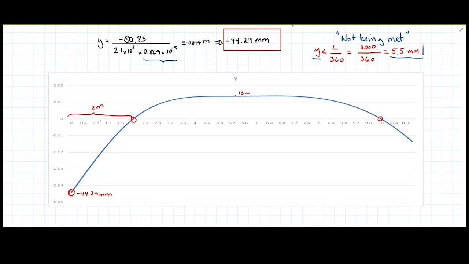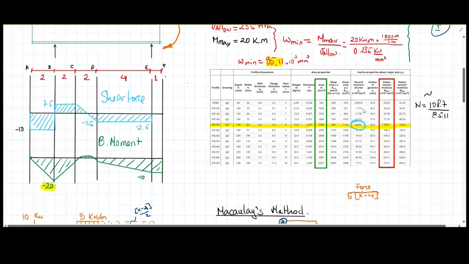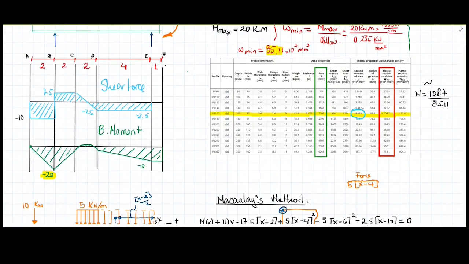You can give it a try to see up to when you have to keep chasing profiles to meet the deformation criteria, by just taking that term here and substituting it with these larger area profiles, like this one, and so on.